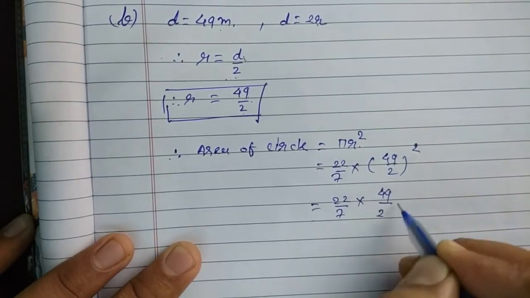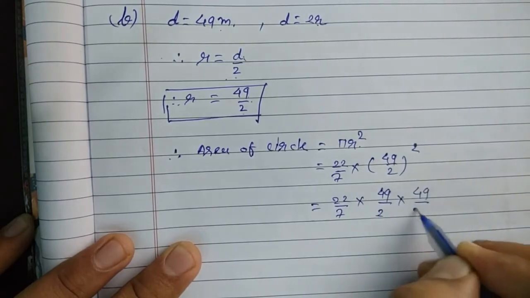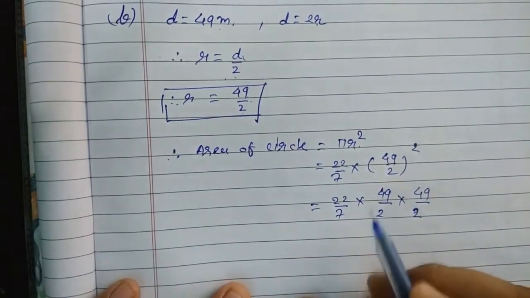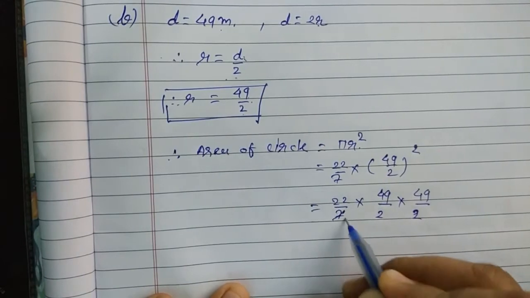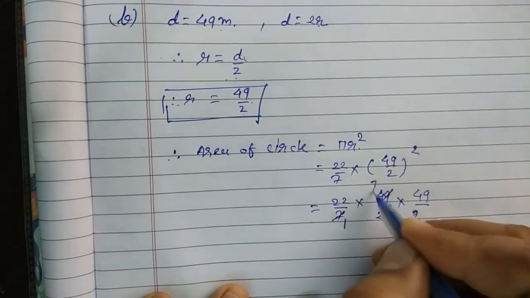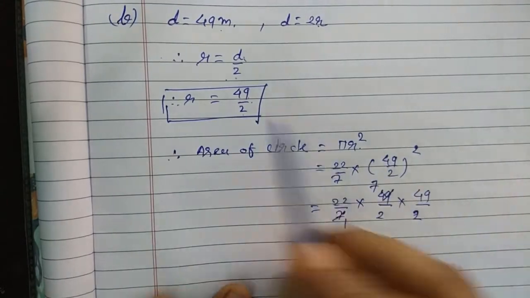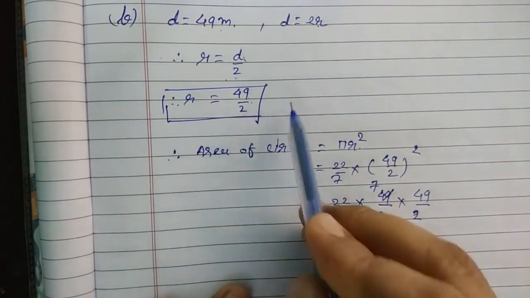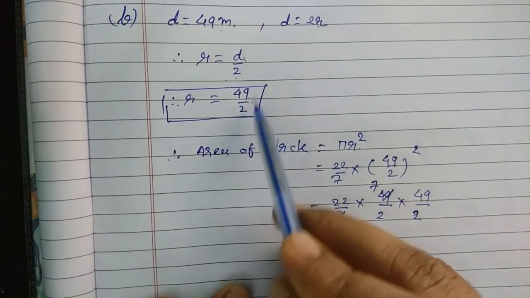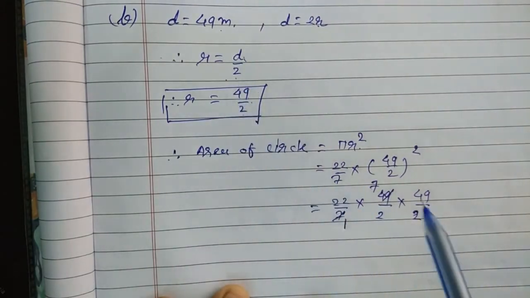That means 49 divided by 2, 49 divided by 2, two times. So here now 7 ones are 7, 7 sevens are 49. That's why we have not converted 49 by 2 into a decimal number. We have taken this improper fraction as it is.